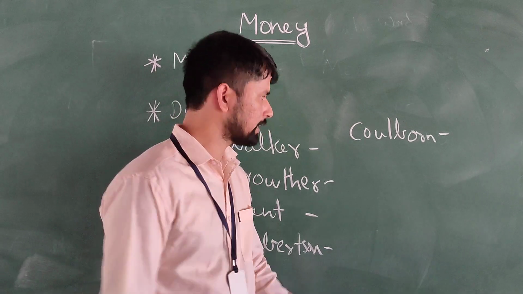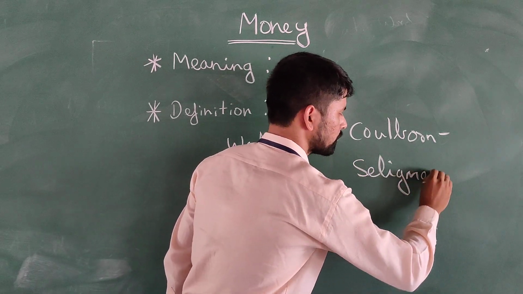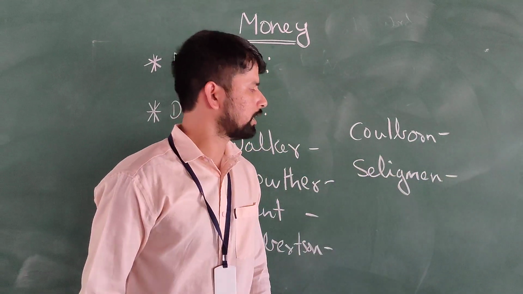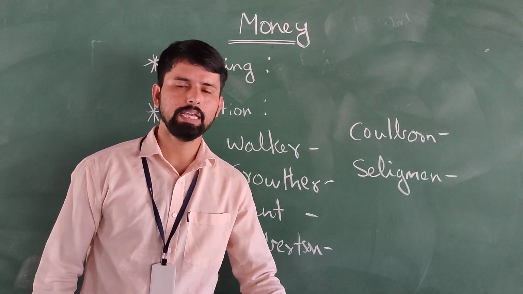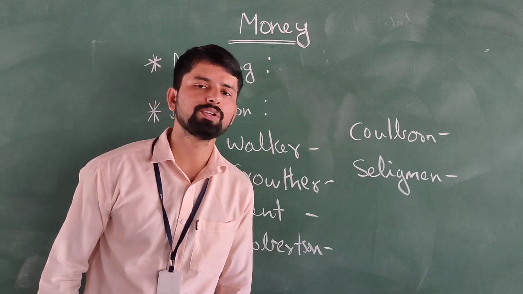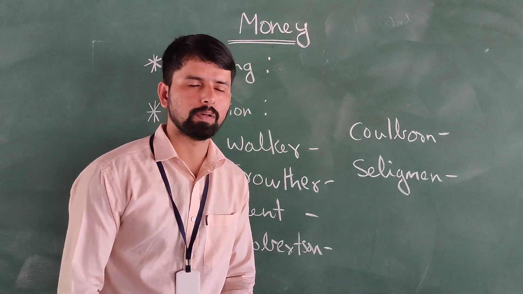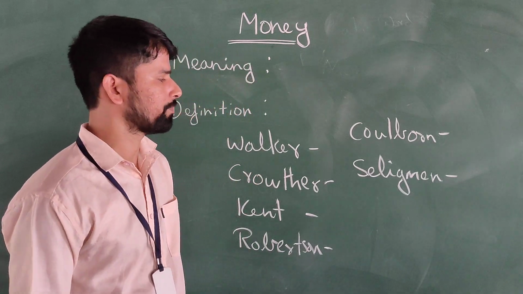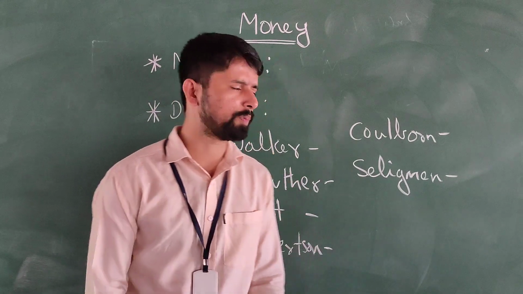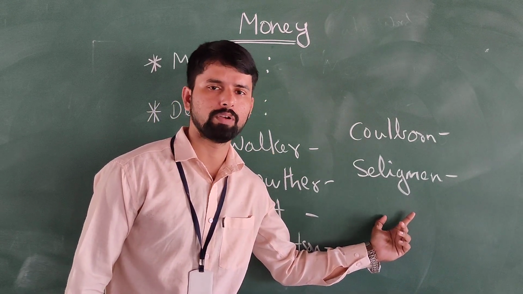And the next one, Seligman defined money by the process of general acceptability. Money acts in the process of general acceptability. So general acceptability is the term used by Seligman to define money.